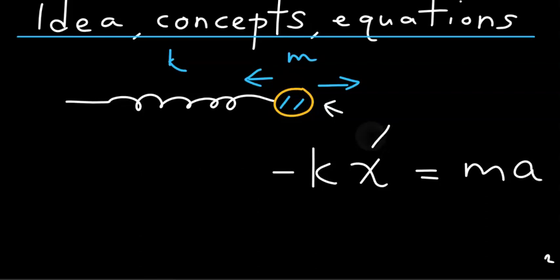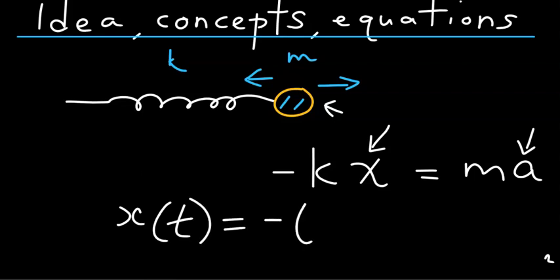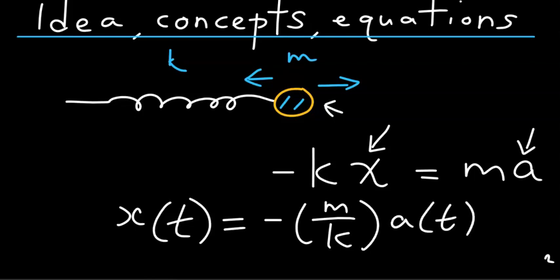Since the coordinate of this mass changes with time, the acceleration changes with time in general. And we can write the coordinate of such a mass as a function of time in the following manner: x of t equals minus m over k times the acceleration as a function of time.